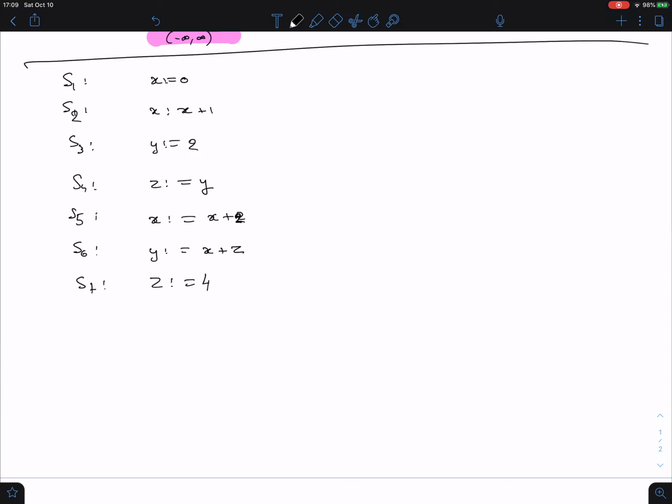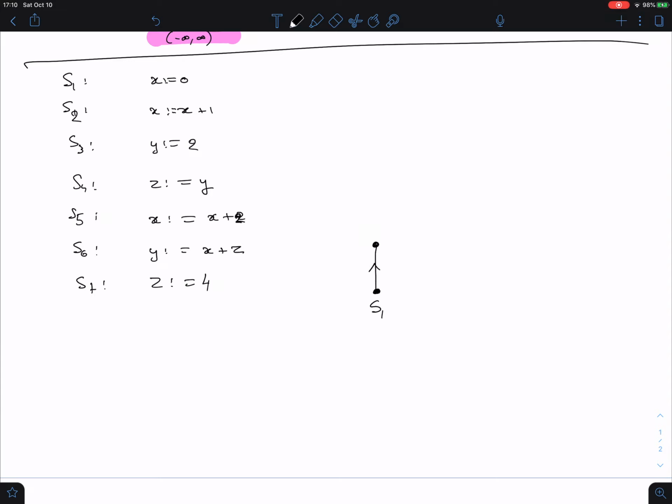Okay, so this is the so-called precedence graph, meaning, do I need, so let's start with S1 here. Do I need S1 to be able to carry out S2? Yes, I do, because in S2, I am using a previous value of x, so x has to be defined already, so there is definitely an arrow.